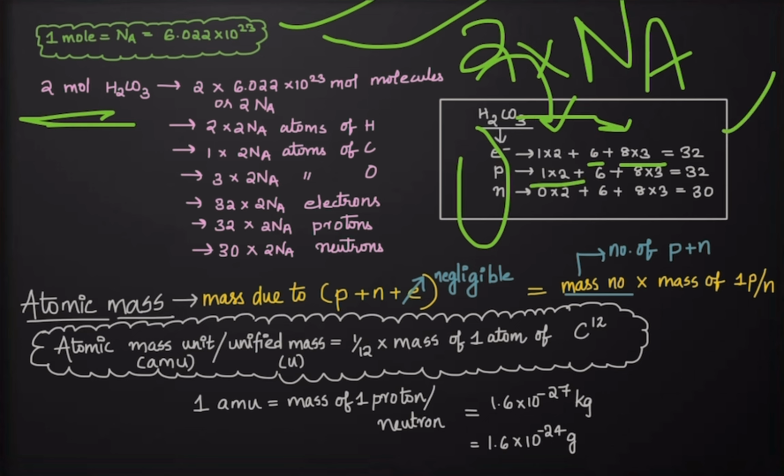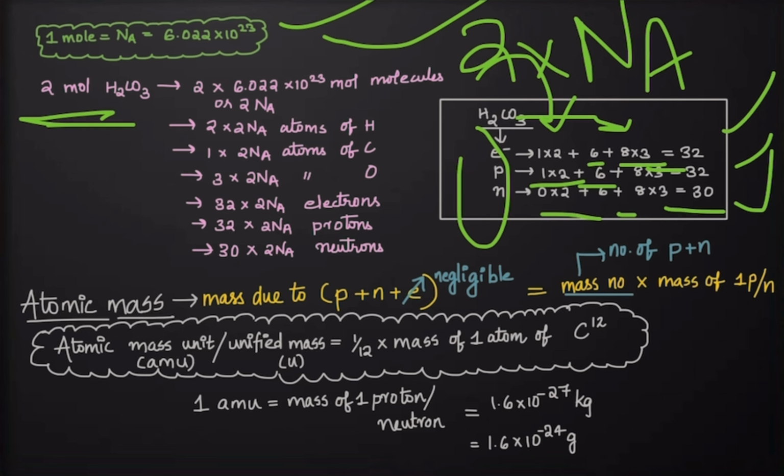Protons: 1 into 2, plus 6 protons in carbon, plus 8 into 3, which is equal to 32. Neutrons: 0 into 2 plus 6 plus 8 into 3, that is 30.